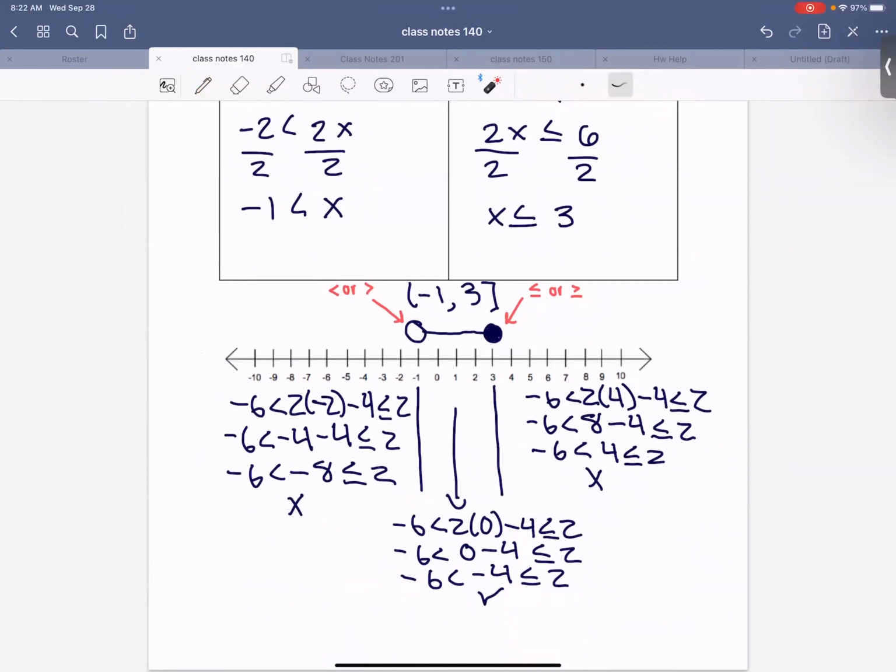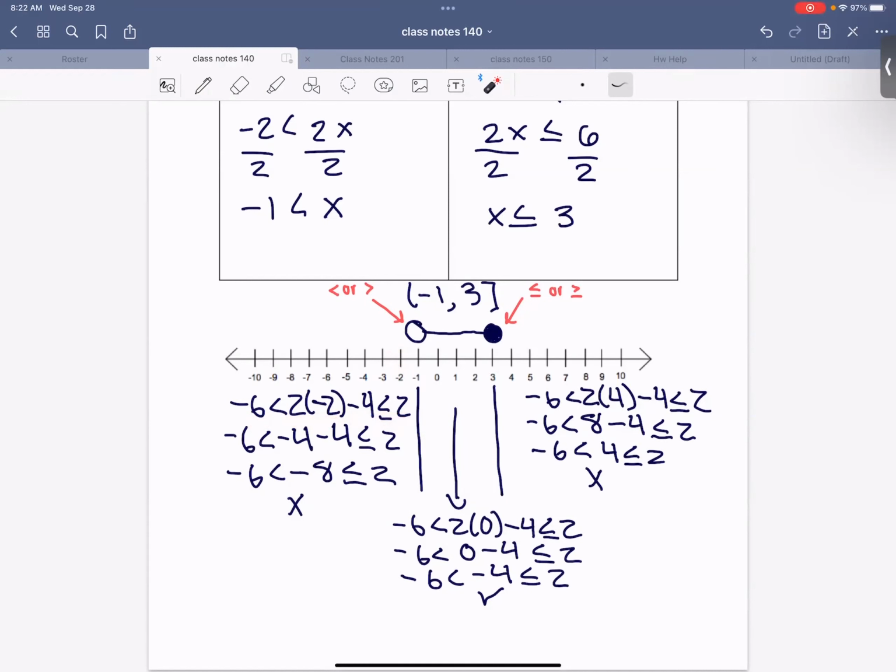All right, so Riley, do you want to kind of take us through how you got the arrows and how you got your set builder notation? So I picked a number that was less than -1. So I did -6 is less than 2 times -2 minus 4 is less than or equal to 2.